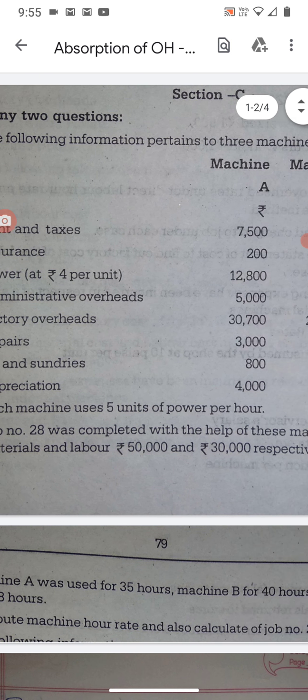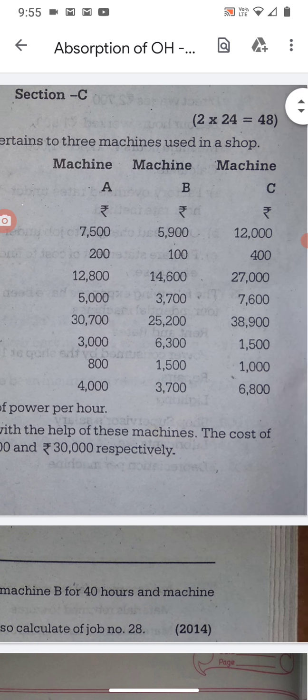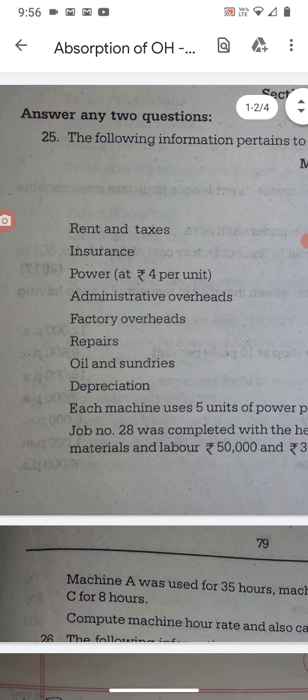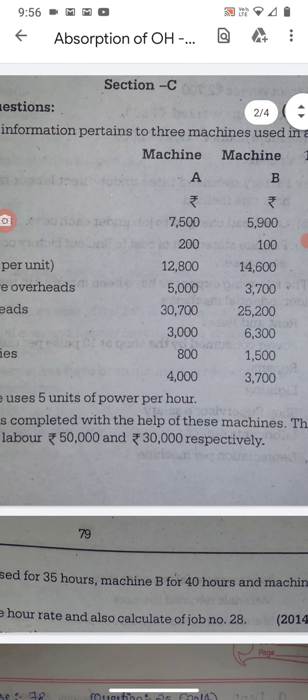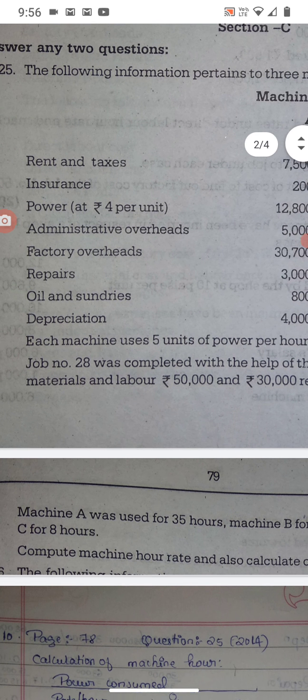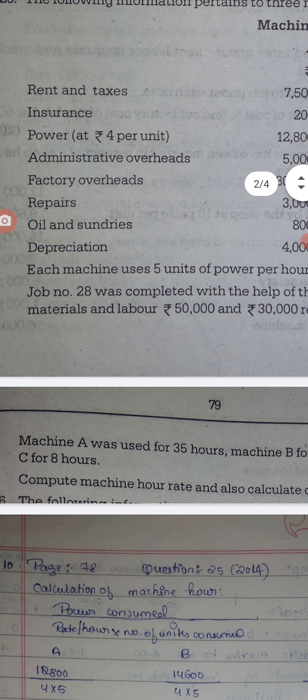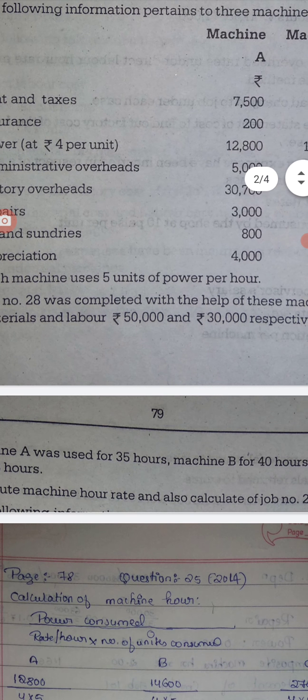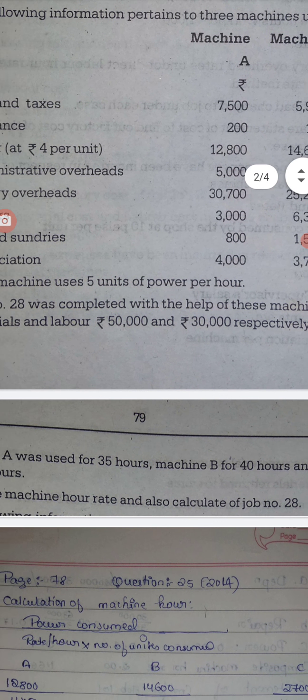The following information pertains to the three machines used in a shop: machine A, machine B, machine C. Rent and rates, insurance, power at 4 rupees per unit, administrative overheads, factory overheads, repairs, oil and sundries, depreciation. Each machine uses 5 units of power every hour.